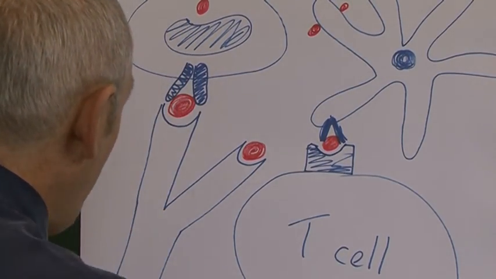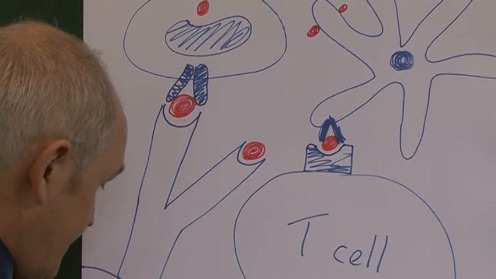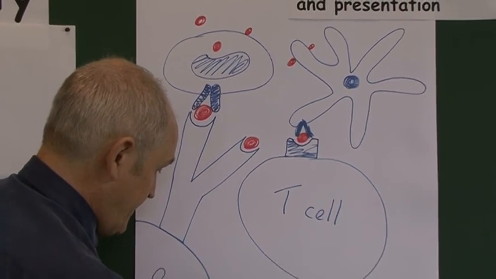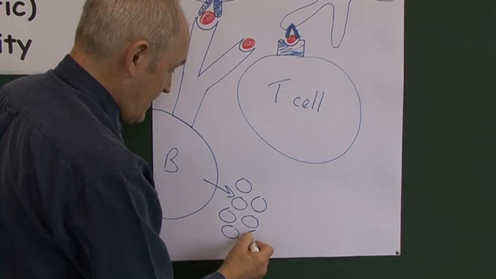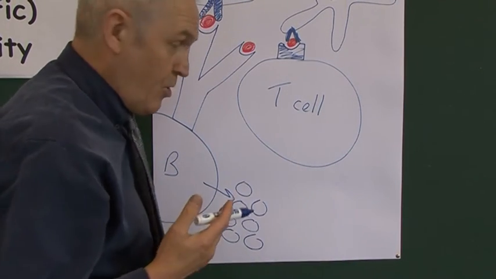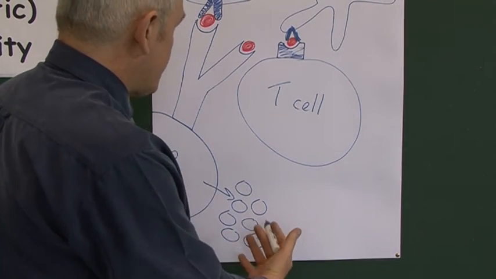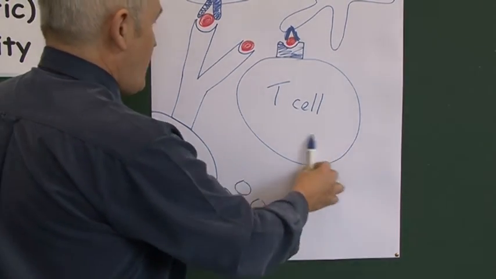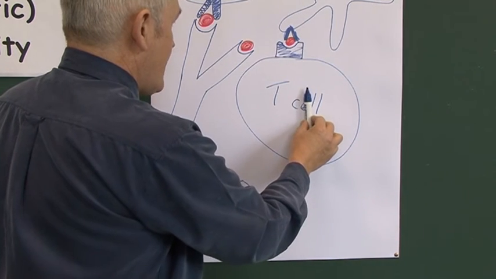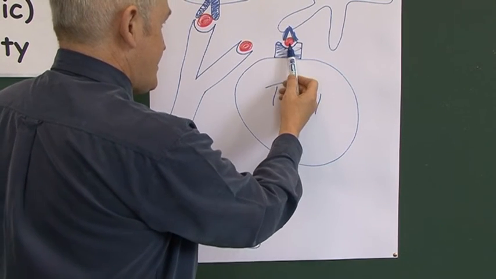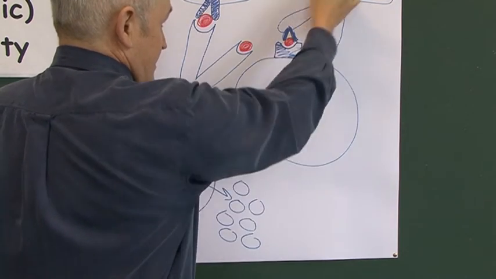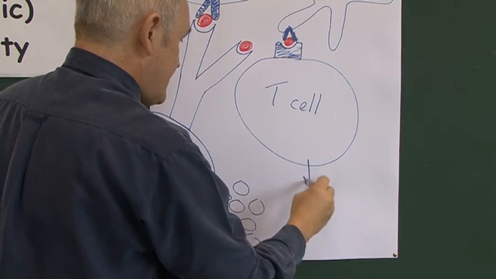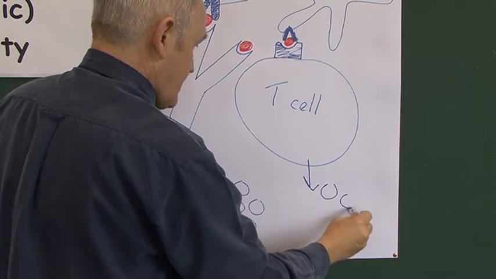And then again, once these cells have been activated, this will undergo clonal expansion, giving rise to a population of B cells. The effector B cells are called plasma cells, which produce the antibodies. Likewise, once the T cell is stimulated by the presence of the antigen and the MHC protein as presented on an antigen presenting cell, the T cell will undergo a process of clonal expansion as well.